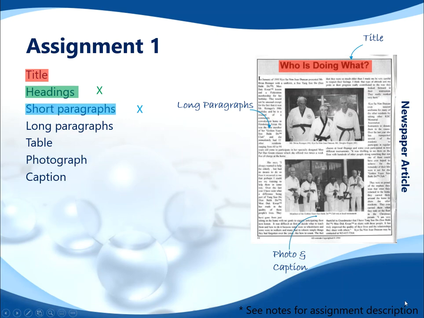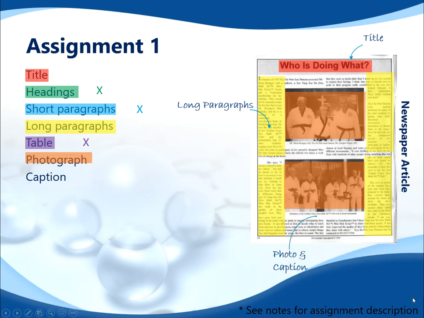It doesn't have short paragraphs, it just has a story. Yeah, long paragraphs. No table, nobody wants to read a newspaper in the morning and try to work out data in some table. They just like a picture. A picture is really good. Right, so no table, but we do have a photograph. And we will have a caption as well.